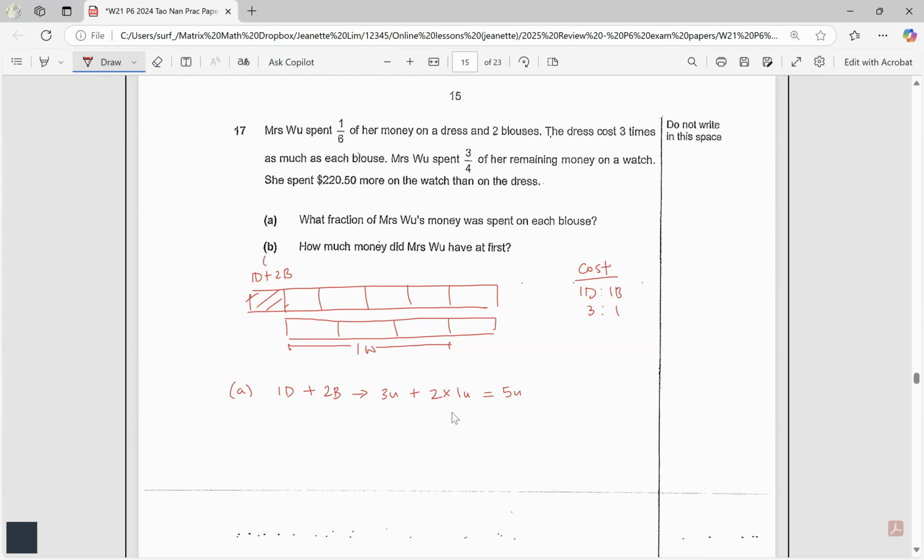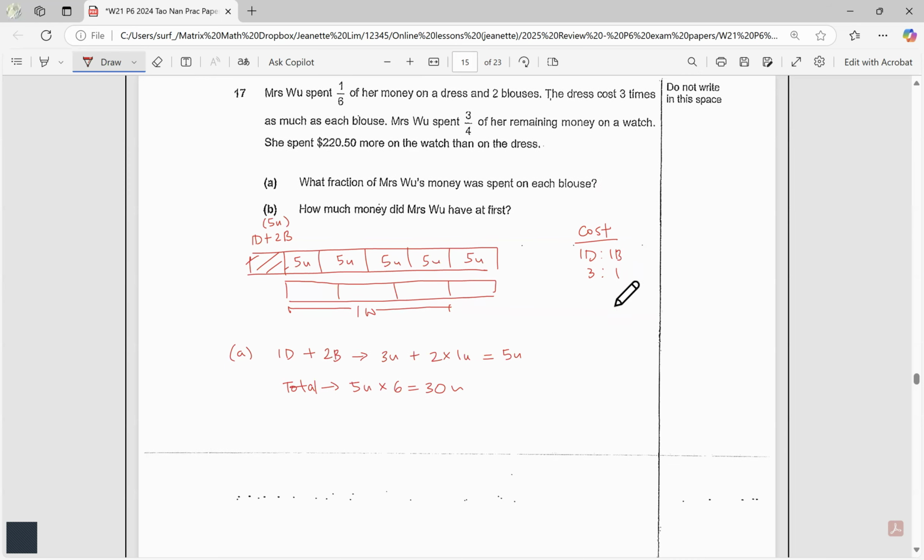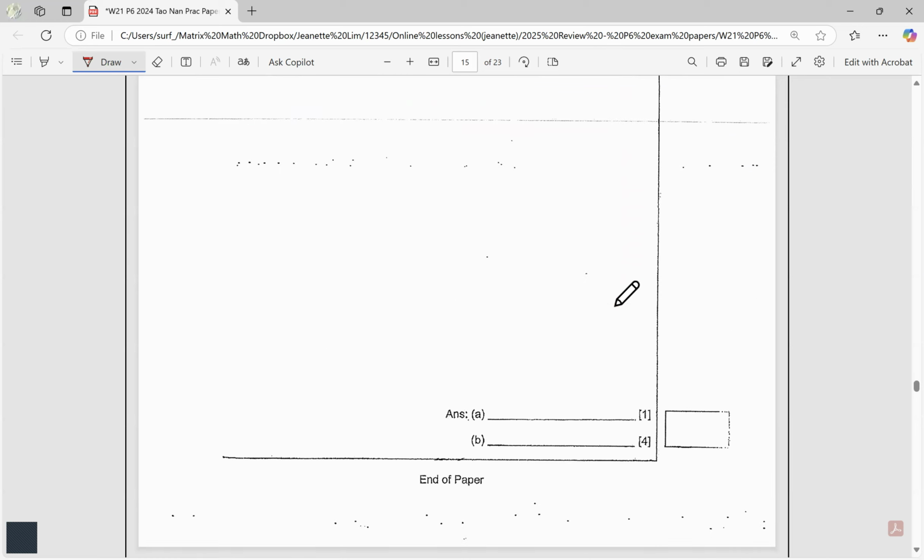So this would be 5 units, which means that every box in the first model would be 5 units. The total number of units, which represents all her money, would be 5 units times 6, 30 units. Since we're just looking at one blouse, one blouse is 1 unit. So the answer for part A is 1 out of 30.